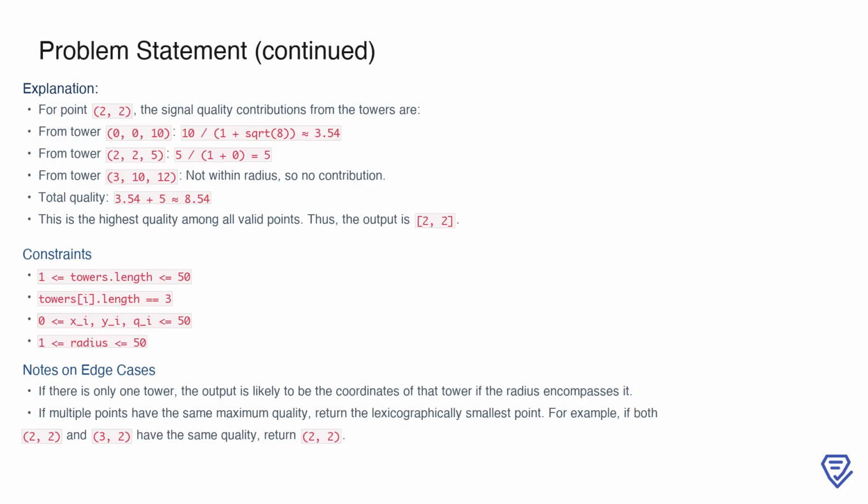The tower at (2, 2) contributes 5 / (1 + 0), which equals 5. The tower at (3, 10) is outside the radius, so it contributes nothing. The total quality at (2, 2) is approximately 8.54, which is the highest among all valid points. Therefore, the output is [2, 2].